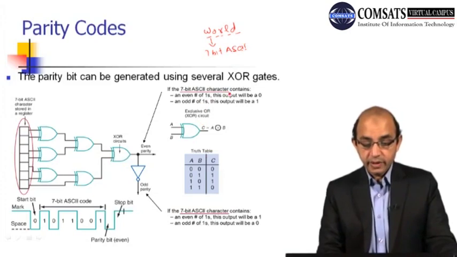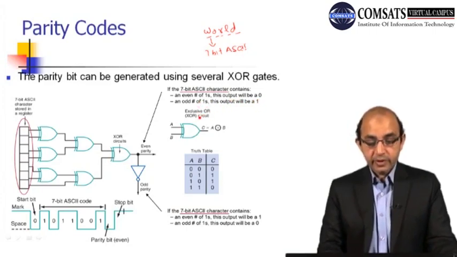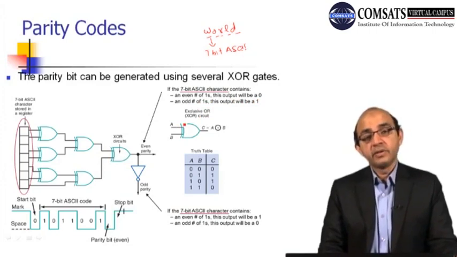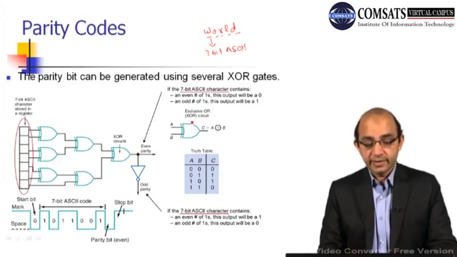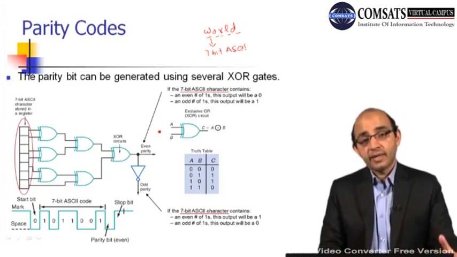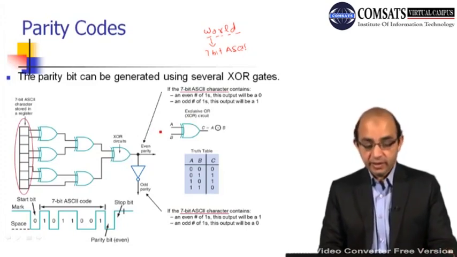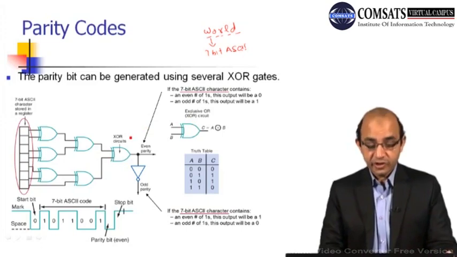If the character contains an even number of ones, this output will be 0, and for an odd number of ones, this output will be 1. The parity generator circuit is composed of XOR gates, connected together in such a way that they can generate even and odd parity as well.